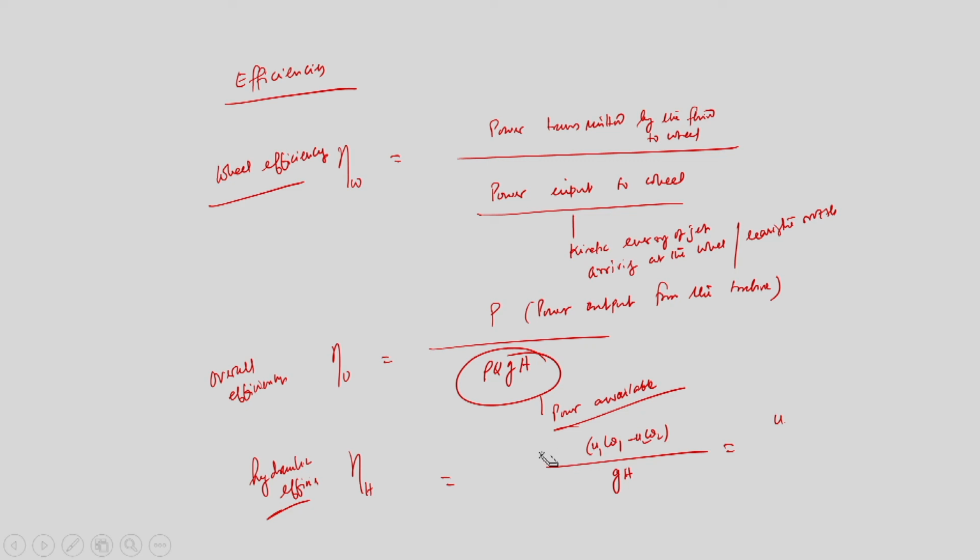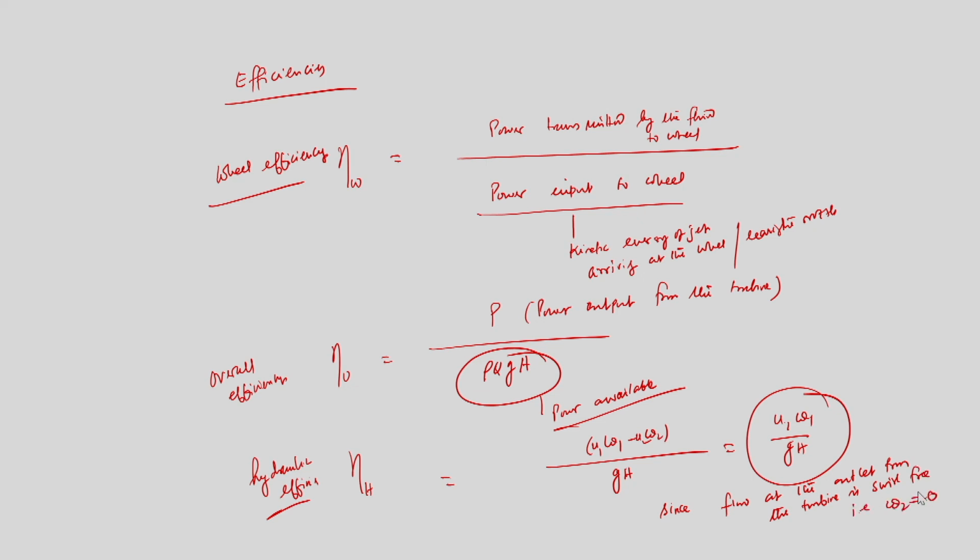So in most cases the flow at the outlet of the runner is swirl free, that is C theta 2 is equal to 0.